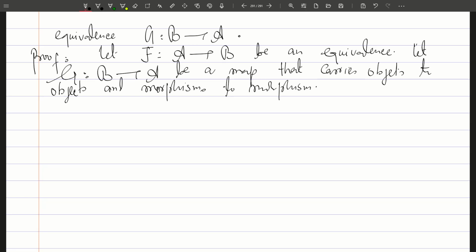And for each object, let us take an object B in B.